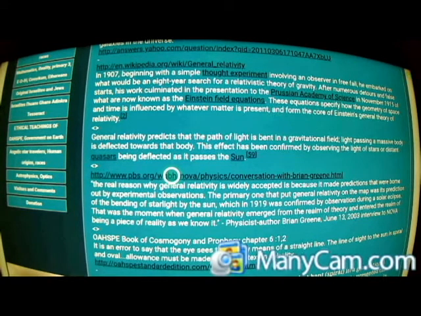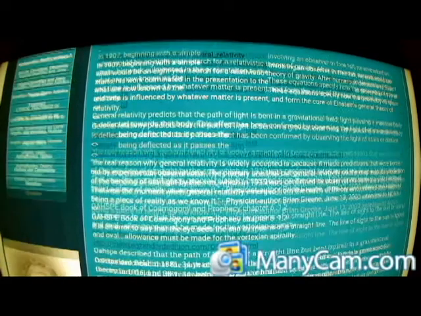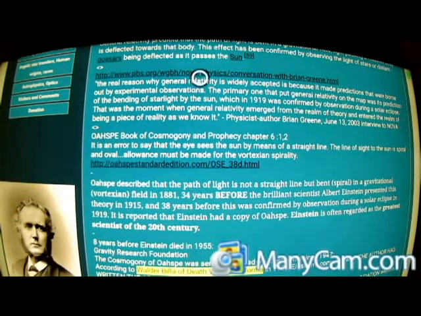And the next part of what I will read comes from pbs.org, Nova Physics Conversation with Brian Greene. And Brian Greene is a physicist. The real reason why general relativity is widely accepted is because it made predictions that were borne out by experimental observations.